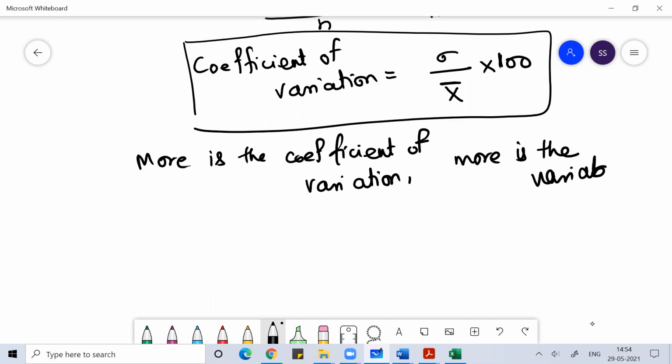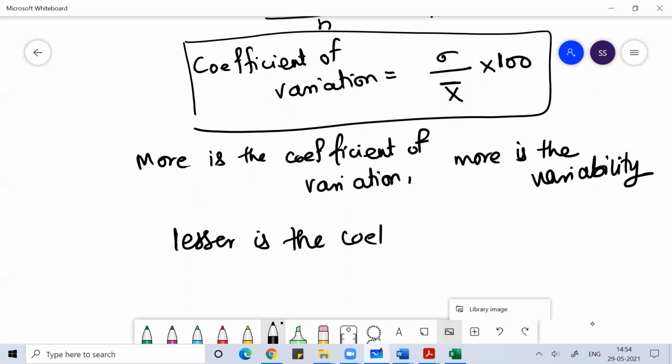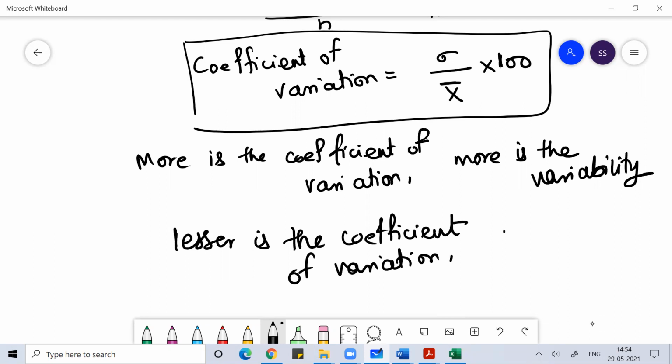If I ask you which of the two firms has more stable income, then lesser is the coefficient of variation, more is the stability.